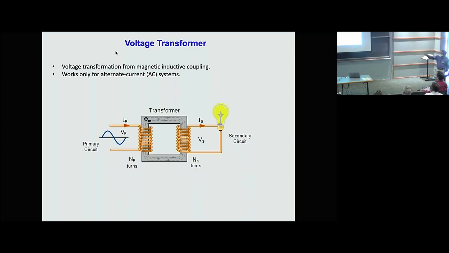So you basically have two coils covered by a ferrite that conducts the magnetic flux and couples these together. Now, in order for this to work, however, this requires you to have an alternating current, or AC, system, in the sense that the voltage has to vary as a function of time, and this is just a simple consequence of Maxwell's equations.